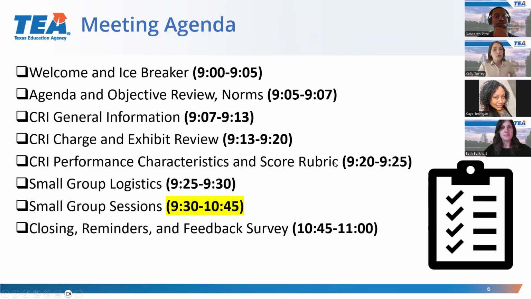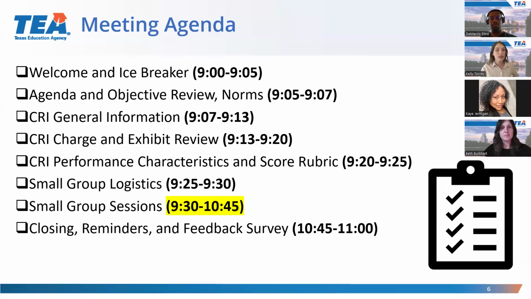In terms of how we'll spend our time, we have 2 hours scheduled for this morning. In just a moment, we'll begin with some general information about the CRI. Again, we'll take a look at the CRI charge, all the different exhibits, the performance characteristics regarding the CRI, and that scoring rubric. Then we'll spend about 5 minutes going over the logistics for our small group work.